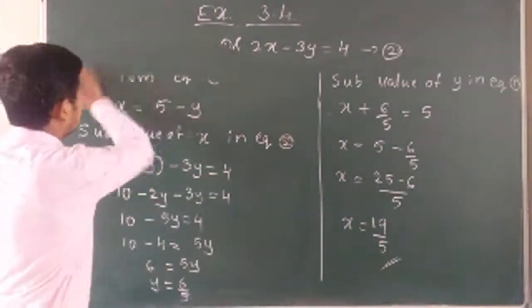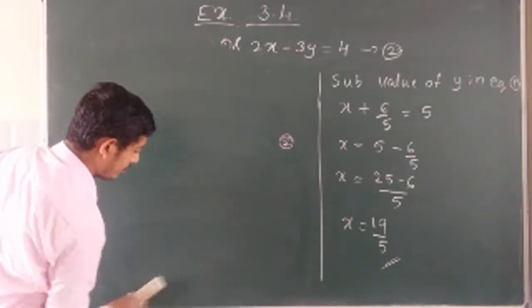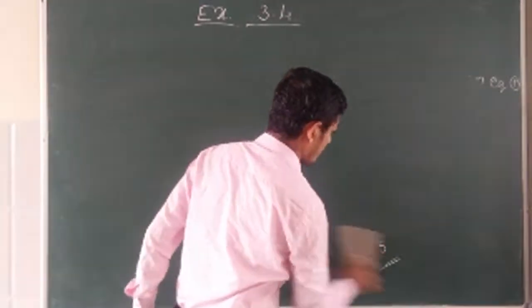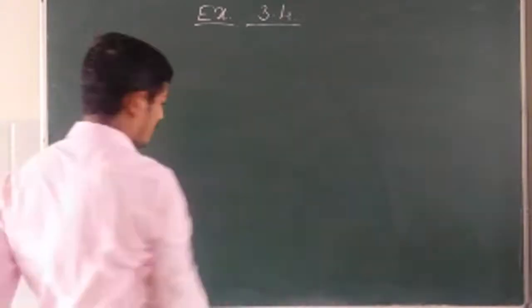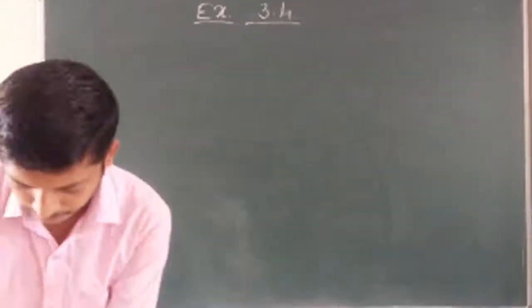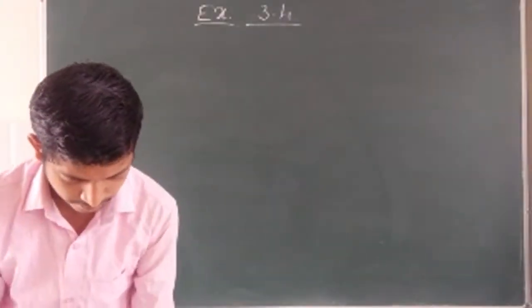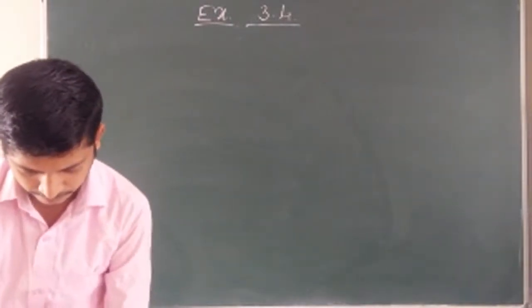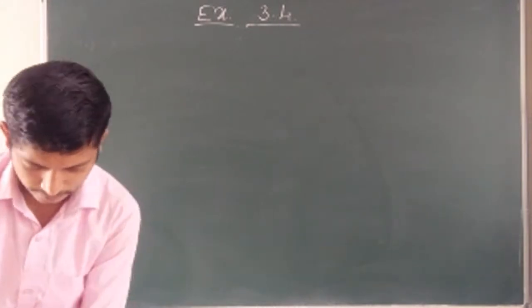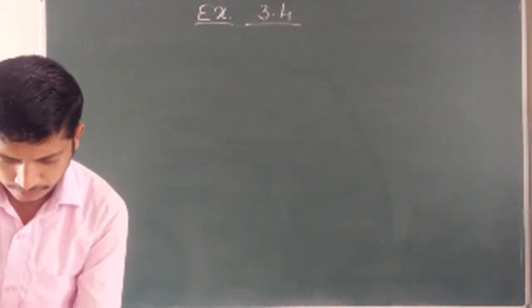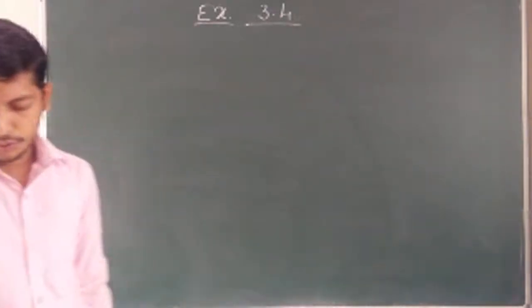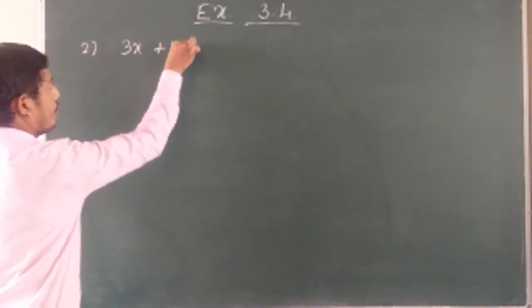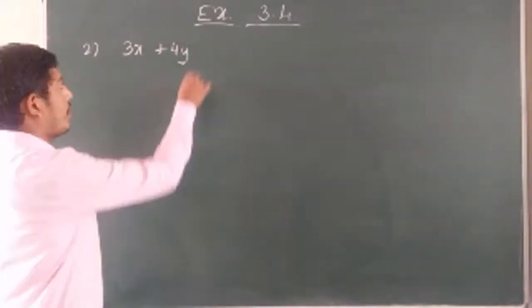Now I will solve another problem. So 3x plus 4y equals 10.